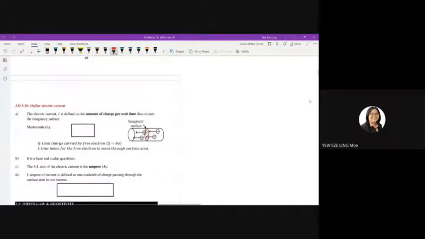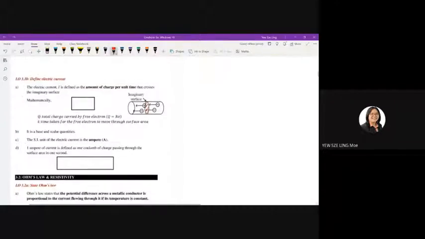So what exactly is current? Now, current is defined as the amount of charge per unit time. So you have the imaginary surface here. You want to look at, in a given time, how much charge passes through this given imaginary surface. So mathematically, I is equal to what?